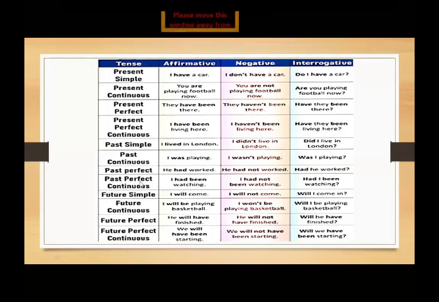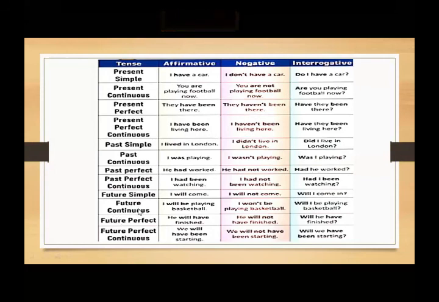Then past perfect continuous: I had been watching. I had not been watching. Had I been watching? Future simple: I will come. Negative: I will not come. Interrogative: Will I come?